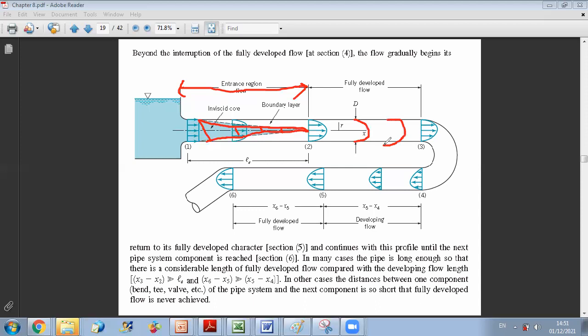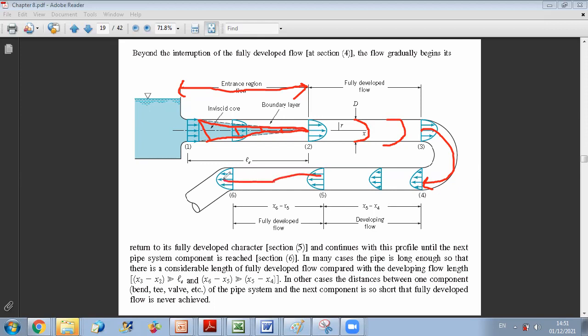For example, if you have a 180 degrees turn, this will induce a modification. It will include a transient behavior, and it will require again a new developing flow to be able to reach a fully developed flow again.